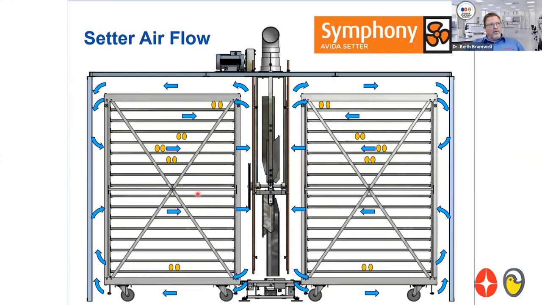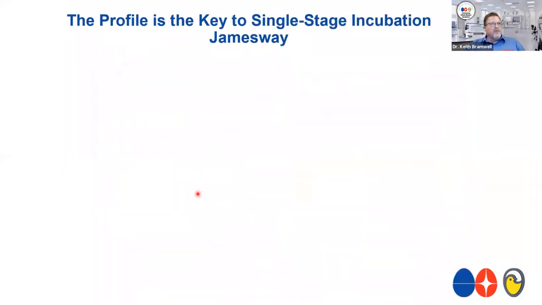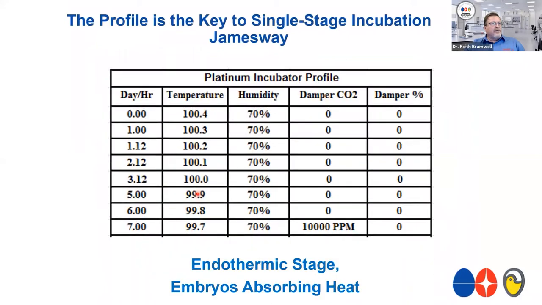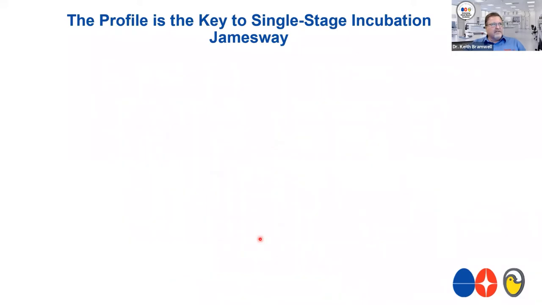So now what we have to do is adjust the temperature in that whole environment. That's what we do with the way we set up our incubation. Early on in that endothermic stage, this is just an example in a Jamesway machine of a profile. We will start with a little bit higher temperature set point, and down through day 7, it'll decrease.